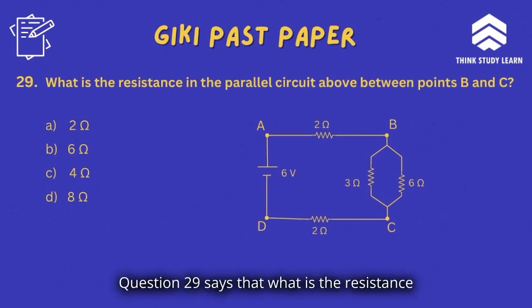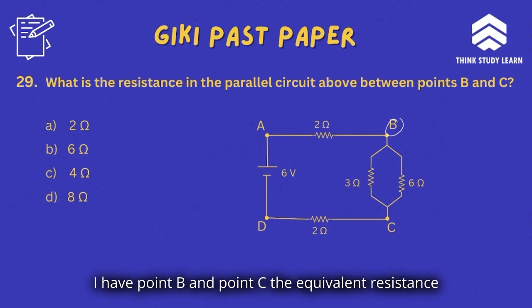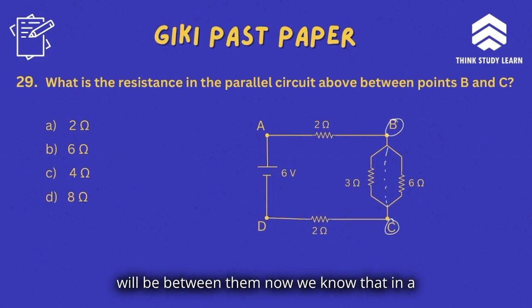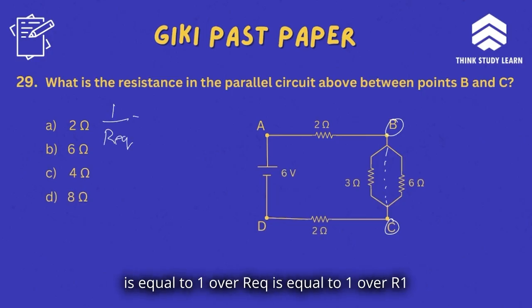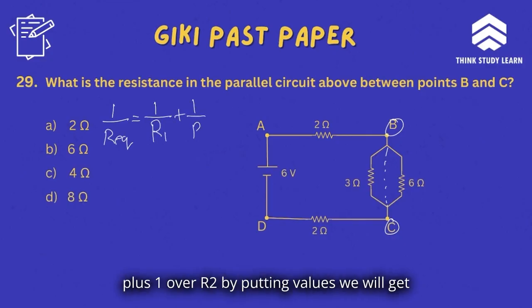Question 29 says that what is the resistance in the parallel circuit between points B and C? Now here I have point B and point C. The equivalent resistance will be between them. Now we know that in a parallel circuit, 1 over Req is equal to 1 over R1 plus 1 over R2.